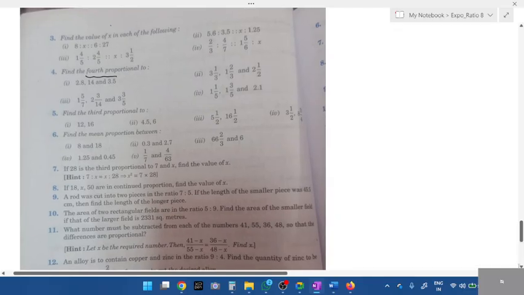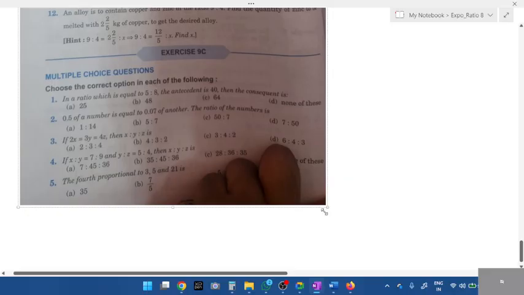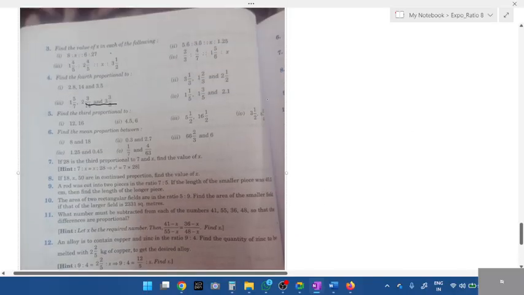Now the first concept, find the fourth proportion. Usually in mathematics, if any value is unknown, what do we take? What do we take the unknown value as, students? We take it as x, right? Look at the first one. Find the fourth proportion: 2.8, 14 and 3.5. Only three values are given.